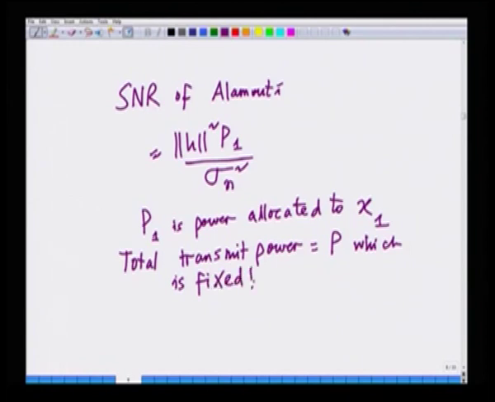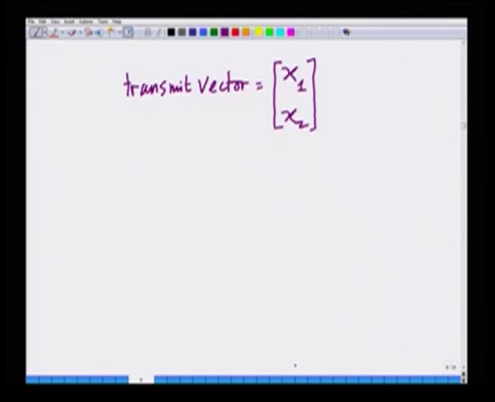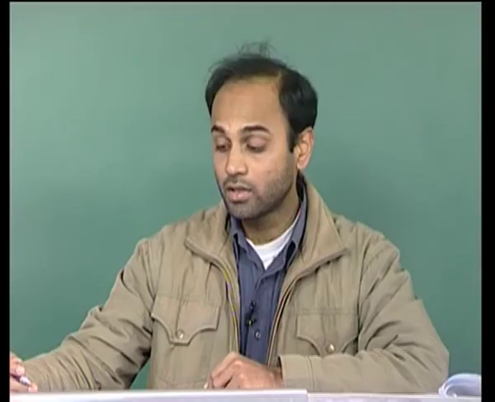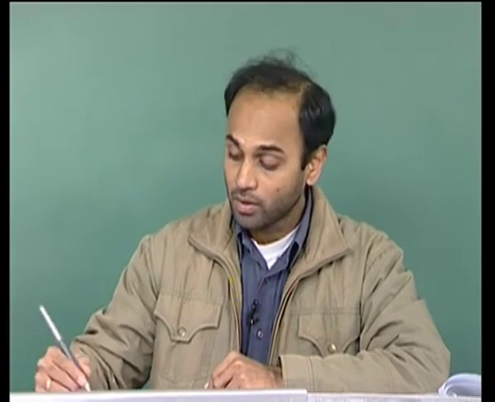Remember our transmit vector is nothing but x1, x2, which means there are two symbols being transmitted every instant of time, which means the transmit power has to be split between these two symbols.